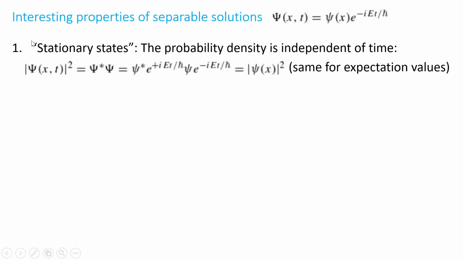So the first property is that these things are stationary states. What's meant by that is that the probability density is actually independent of time.